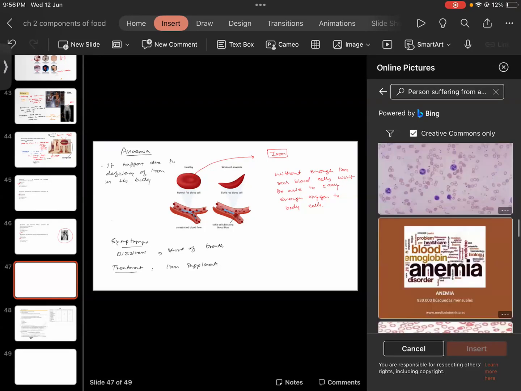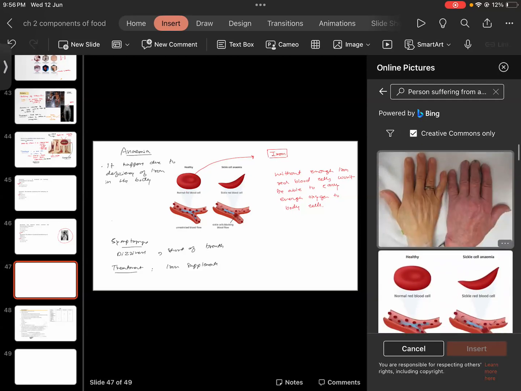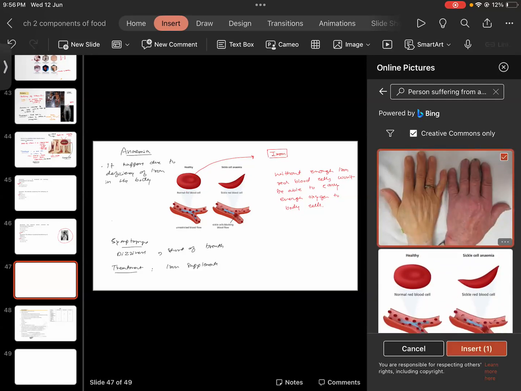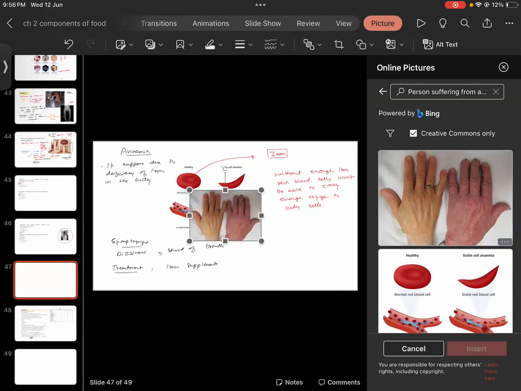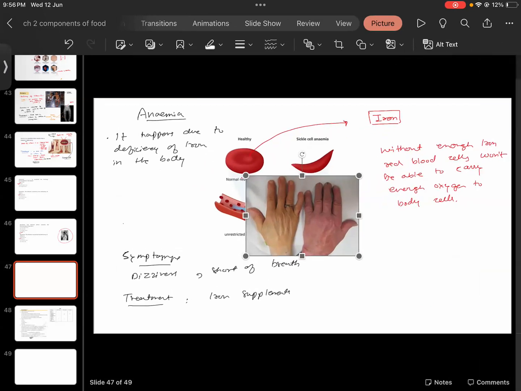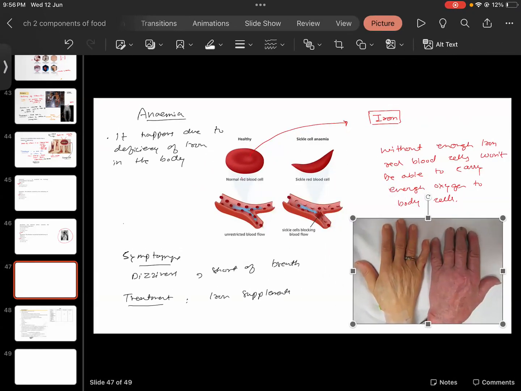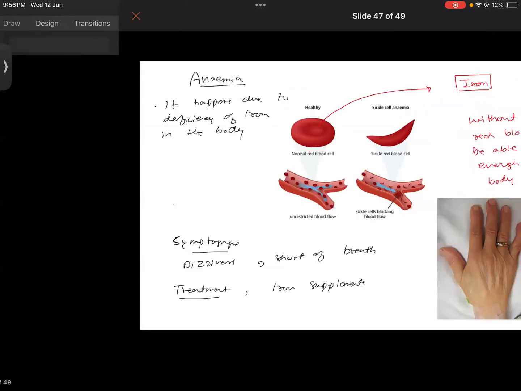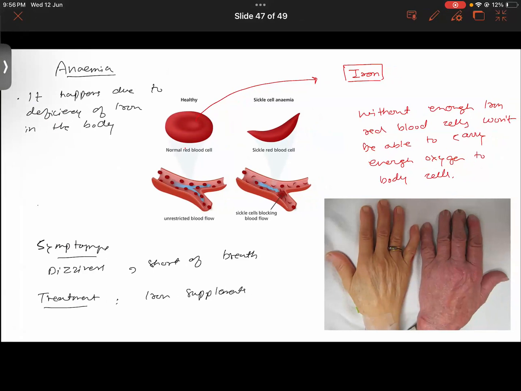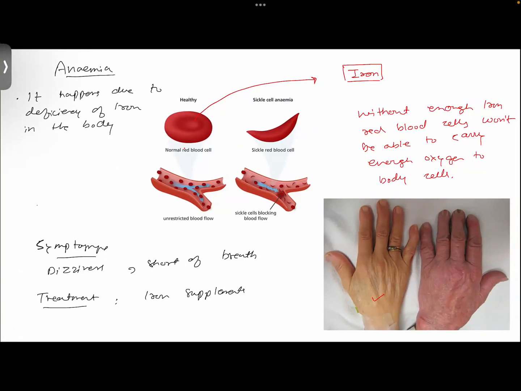Also, if the red blood cells are low in the blood, the skin will look pale. I hope you have understood that. I'm talking about the first one here, not the second one. This person is suffering from anemia.